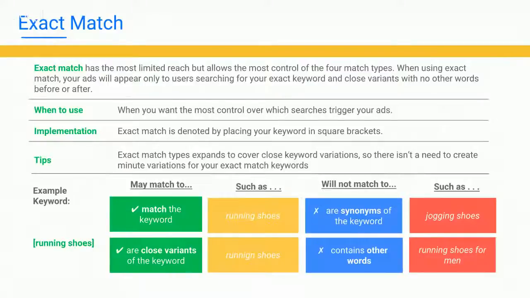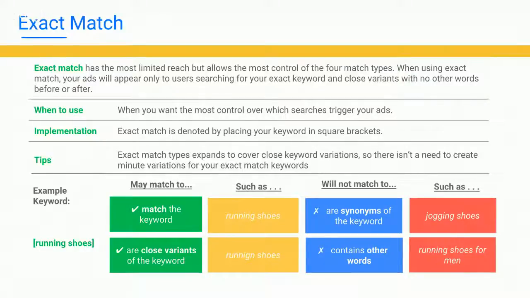So exact match here, this is going to be your most specific match type, also the most restricted and limited in terms of reach. Taking it a step further from phrase match, you may see these keywords in square brackets. So you would put our example here, running shoes, in those square brackets. This is only going to match the keyword.